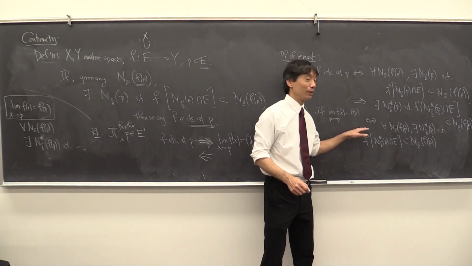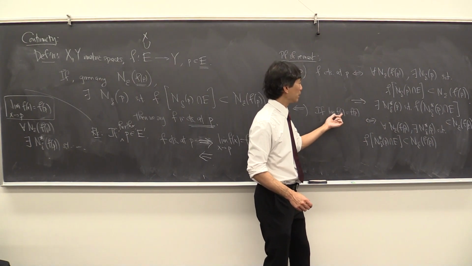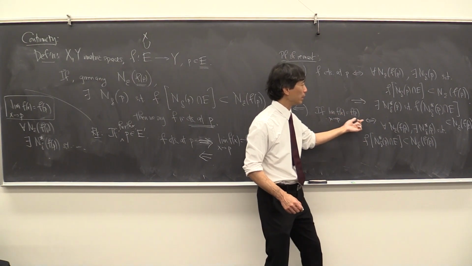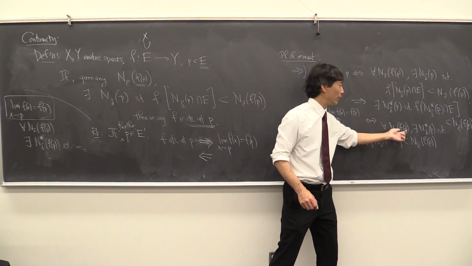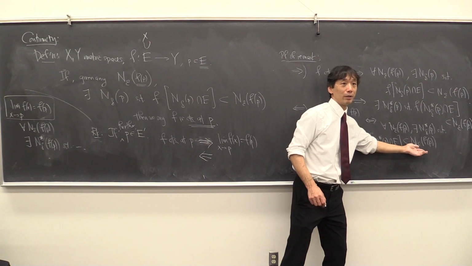That's what the limit means: given any epsilon neighborhood around f of P, there's a punctured neighborhood around P that gets mapped inside there.